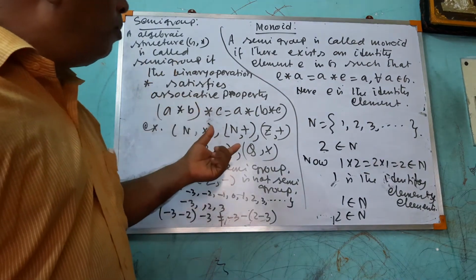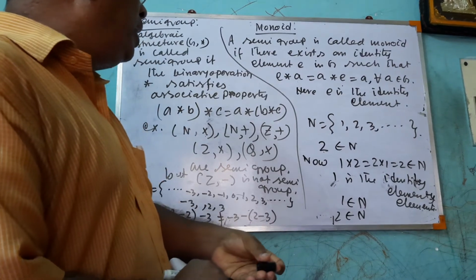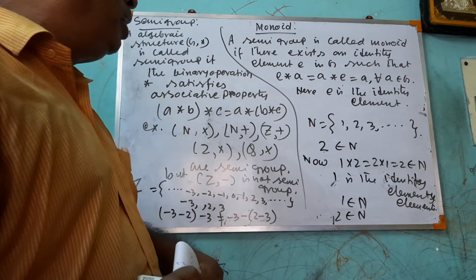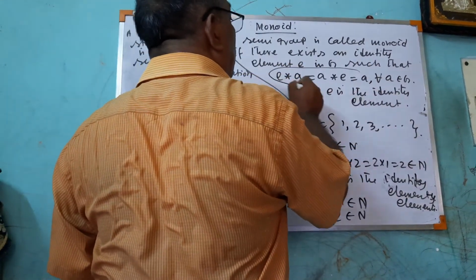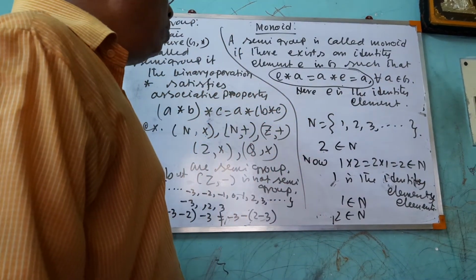A semigroup is called a monoid if there exists an identity element E such that E composition A equal to A composition E. So this is the formula. You have to check this to see whether it is a monoid or not.